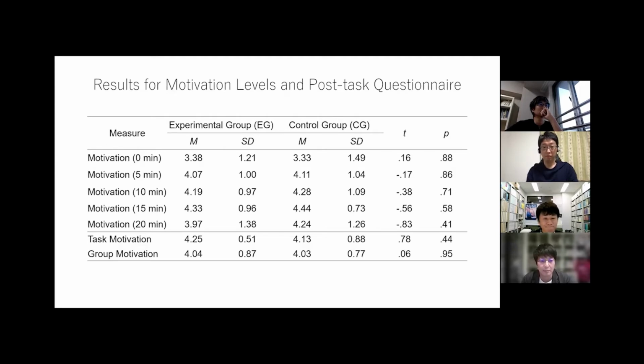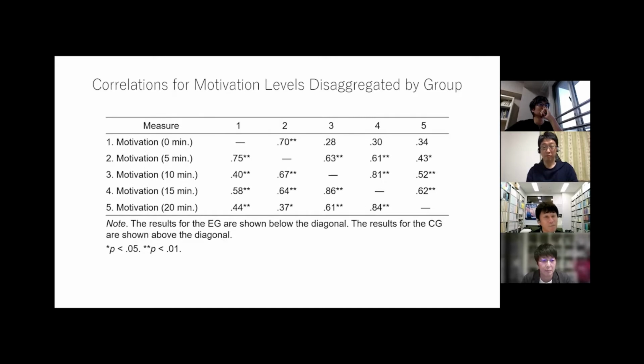Second, we investigated the correlations for the motivation levels at each time point. Overall, stronger correlations were obtained between adjacent elements, for example, 0 minutes and 5 minutes, whereas weaker correlations were found between elements located at a distance, for example, 0 minutes and 20 minutes.